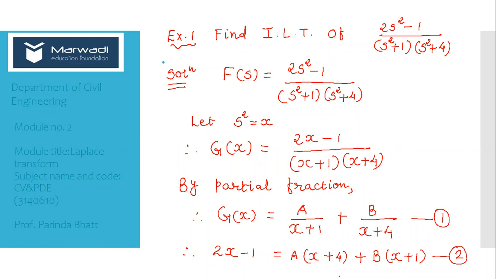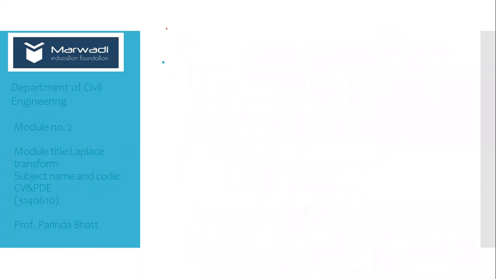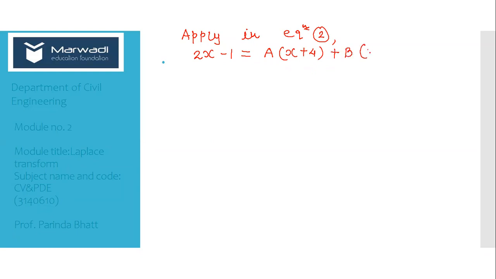Saurav getting the value of the A. Writing over here the equation number 2 for your reference: 2x minus 1 equals a into x plus 4 plus b into x plus 1.